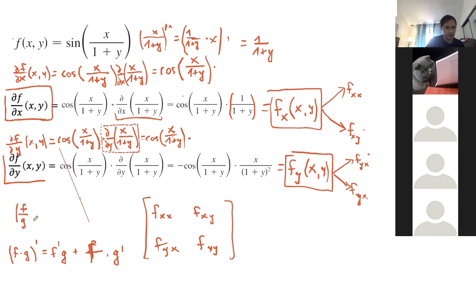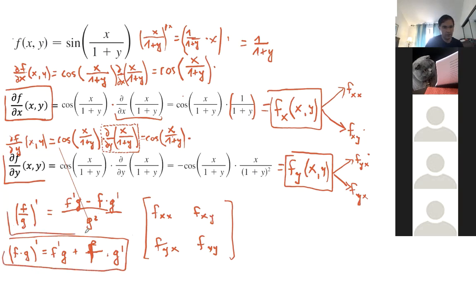This is the product rule. And what is the quotient rule? Because for that, we'll be using the quotient rule. This is equal to the derivative of the first function times G, minus the first function times the derivative of the second function, divided by G squared. So this is the product rule, and this is the quotient rule.